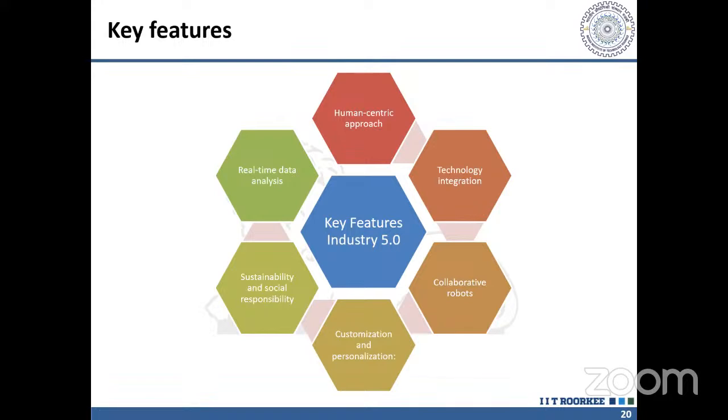So second is technology integration. It can be characterized by the integration of advanced technologies such as artificial intelligence, the Internet of Things, and automation into the manufacturing process, so that these technologies are used to improve efficiency, reduce waste, and optimize the resources. For example, sensors and IoT technology can be used to monitor production in real time, allowing for rapid adjustments to improve efficiency and reduce the downtime of the machinery.